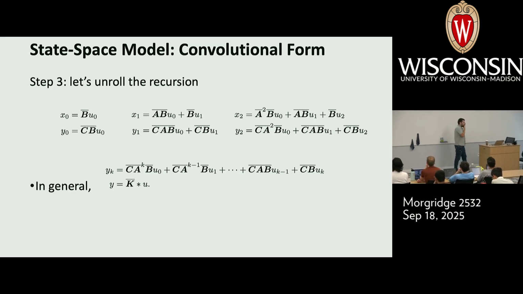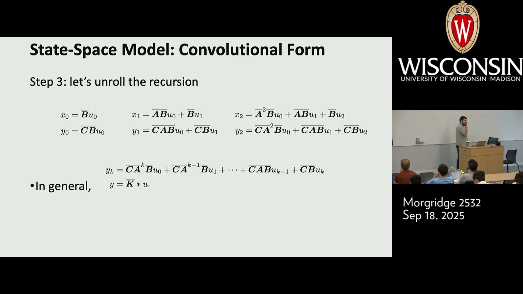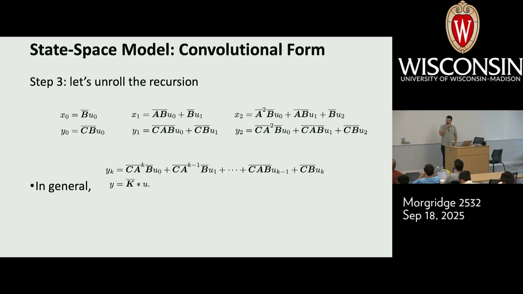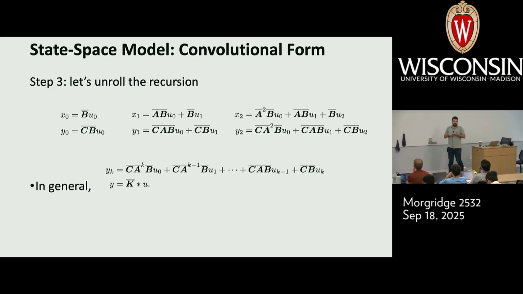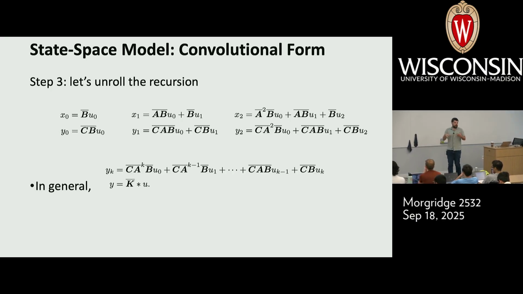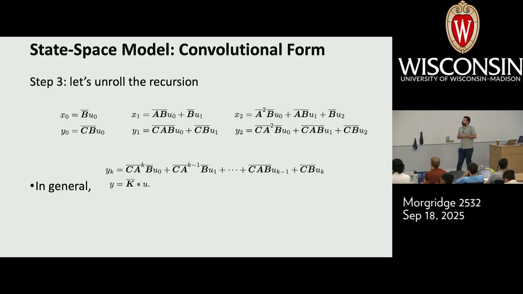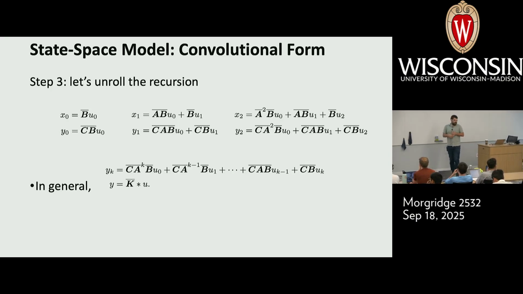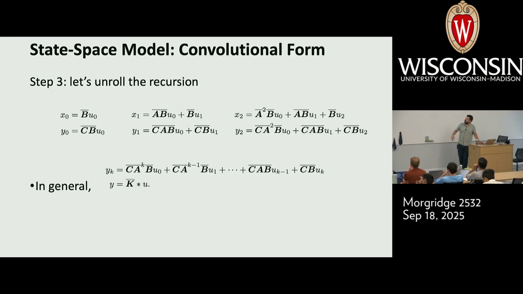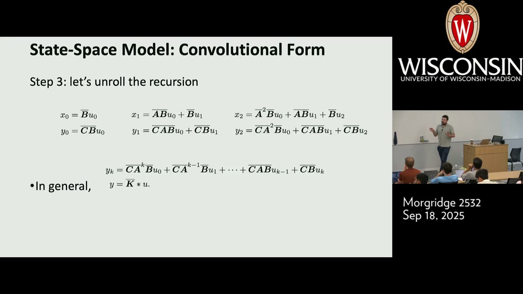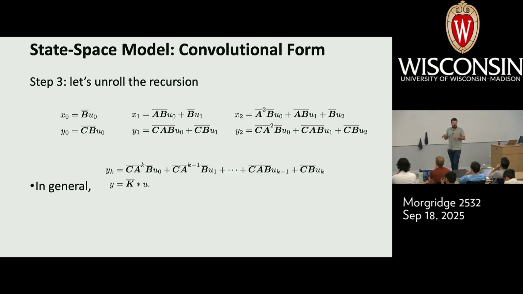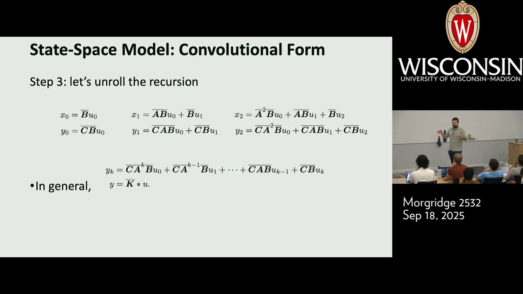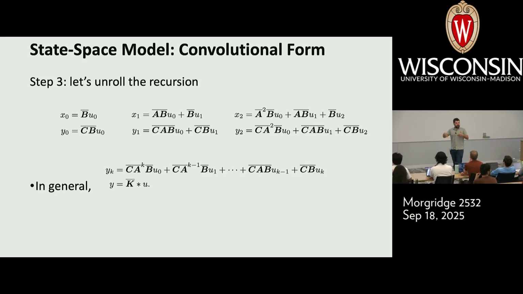OK, cool. So now we know a way of expressing the output directly as a function of the input. It's just based on these c, a, and b. These are conveniently things that we're going to train, these matrices. But if you look at it, the interesting thing is that it really is a convolution. So I'm writing this in the following way. I'm no longer talking about one output, yk. I'm talking about the entire sequence of outputs, y1, y2, y3, and so forth.